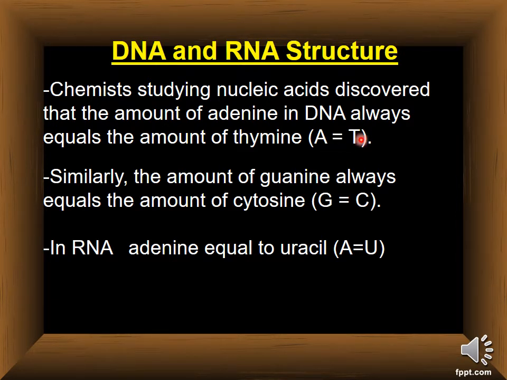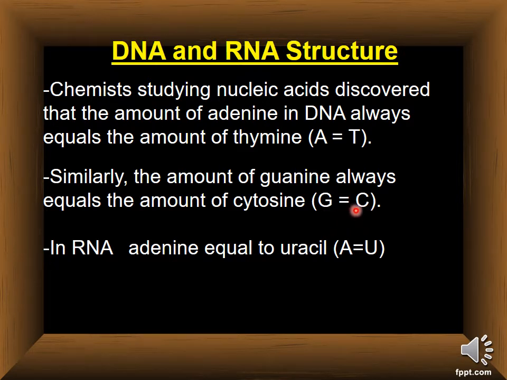Remember with the word eight, like at 7 o'clock, at 5 o'clock. So A with T, remember like this. And similarly, the amount of guanine is always equal to the amount of cytosine. So G with C.